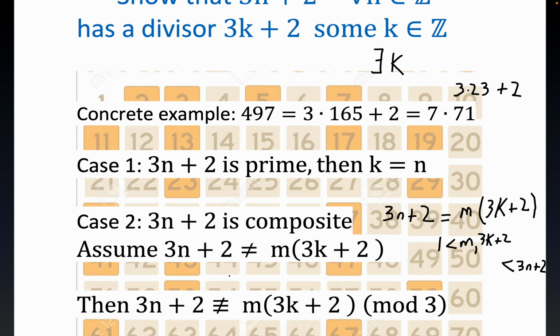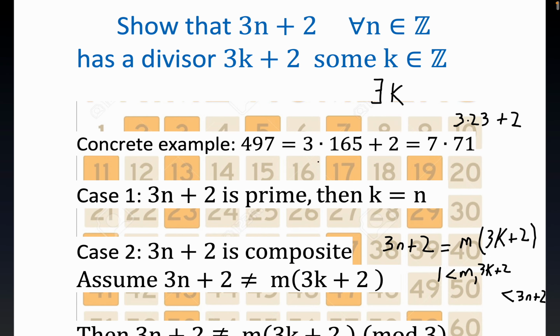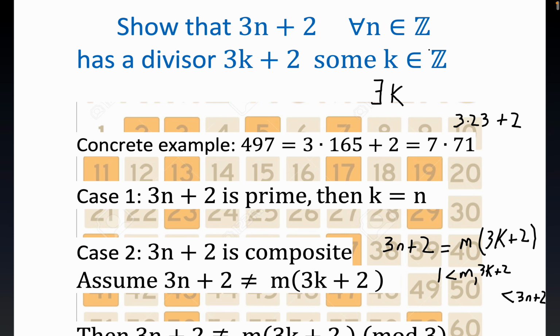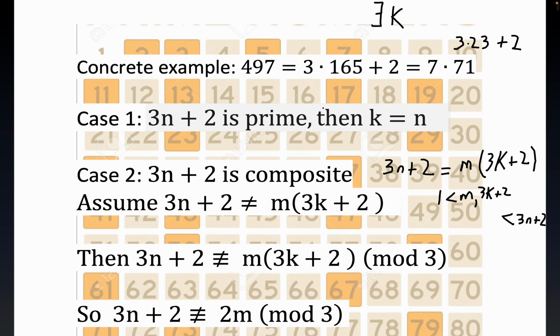Now we're going to carry on in a proof by contradiction. I'm not going to rewrite the for all n and there exists k; that's understood from the beginning, this is a universal quantifier and this is an existential quantifier. We're going to assume this is never true: for all n, there's not an m that satisfies this condition.